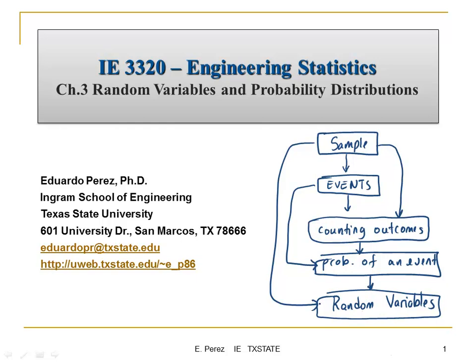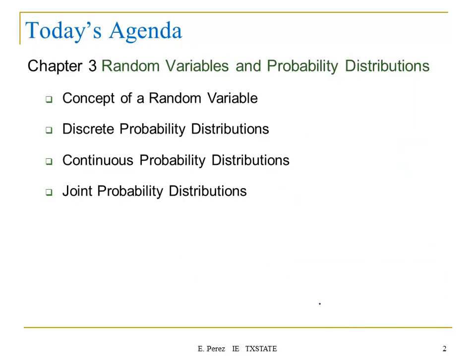Okay, so random variables and probability distribution. This is material that is in chapter 3 of your textbook, using part of the material from your textbook and also from other references. Essentially what we're going to cover is the concept of a random variable, and discrete probability distributions.